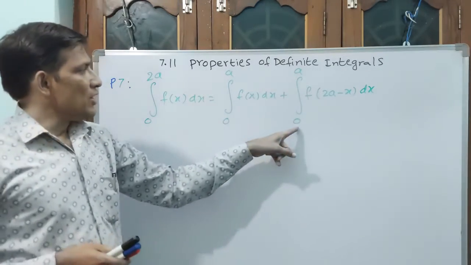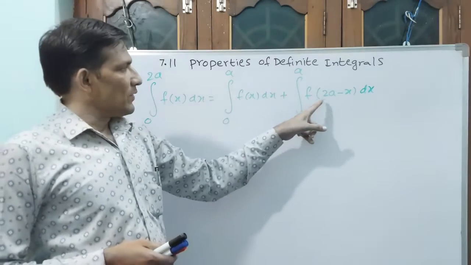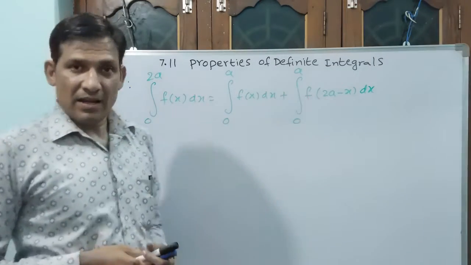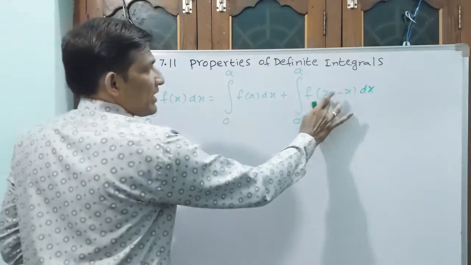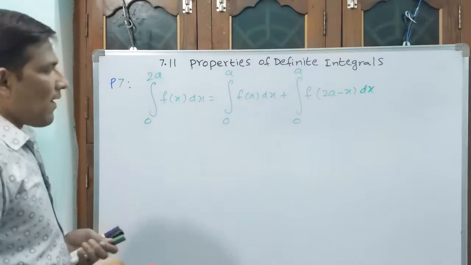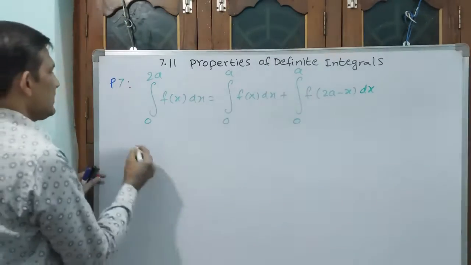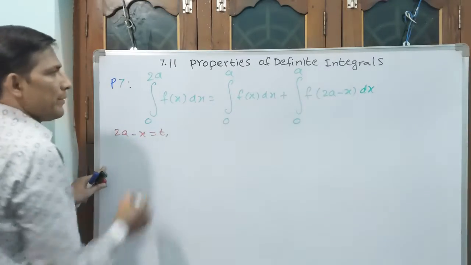Again, what is there? 0 to a only, but this time not f of x. f of 2a minus x dx. See, in the RHS, this one, I am taking 2a minus x is equal to t. See what I am doing? Let 2a minus x is equal to t.